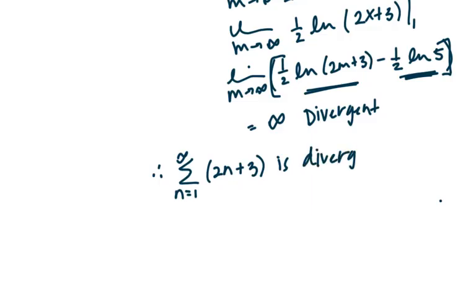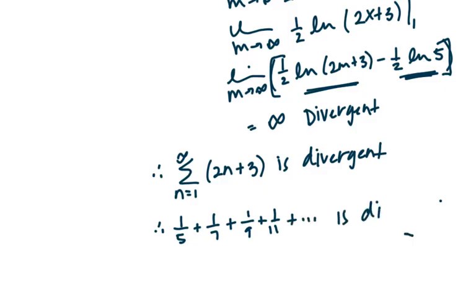You could go back to the way the problem was written, and we can say, therefore, where do we start? 1/5, right? 1/5 plus 1/7 plus 1/9 plus 1/11 is divergent. You may write your answer either way.